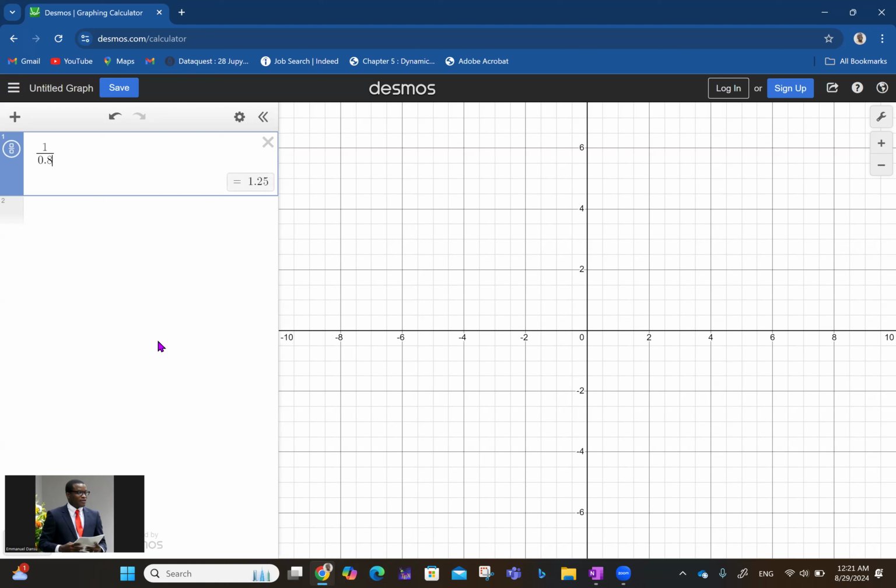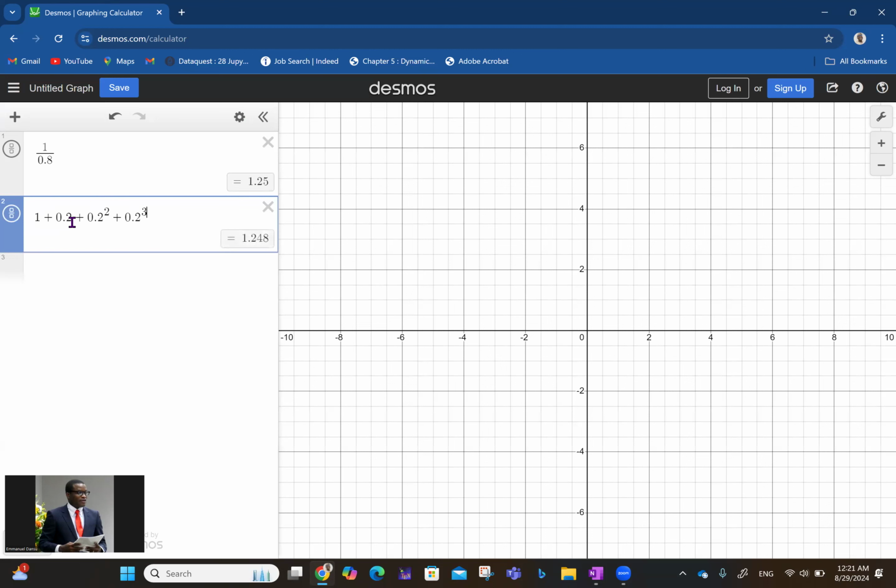And it is pretty close. So that's simply 1 plus 0.2 plus 0.2 squared. So you can see it getting closer, plus 0.2 cubed.